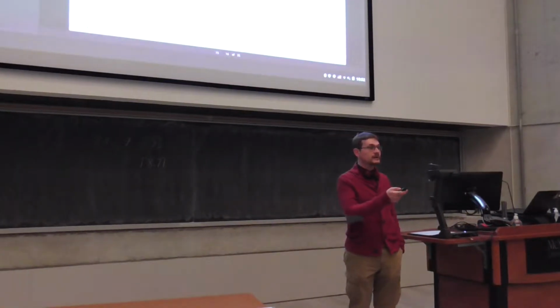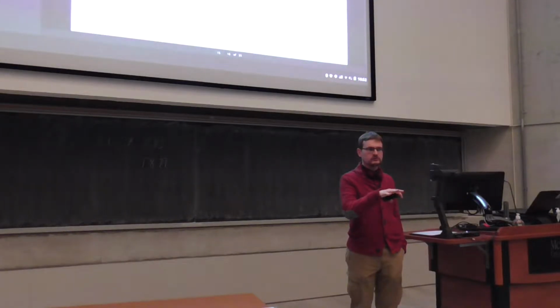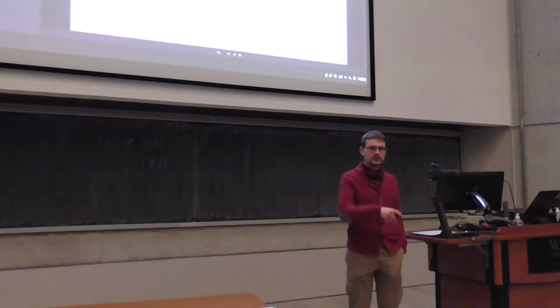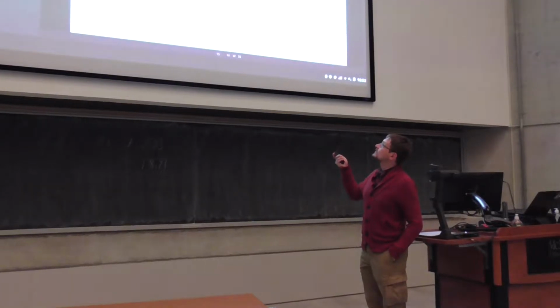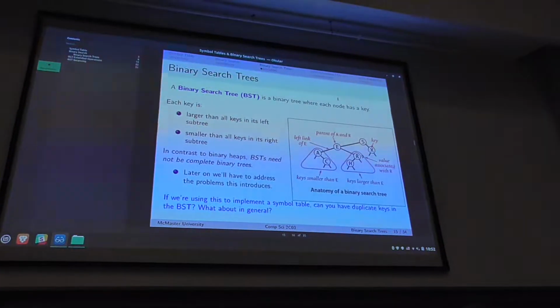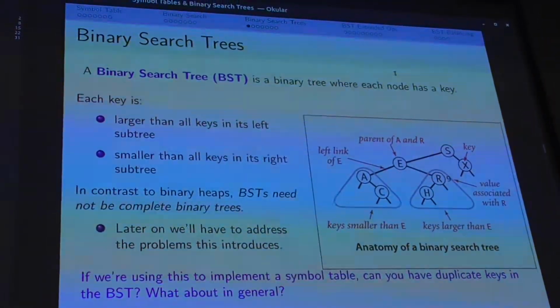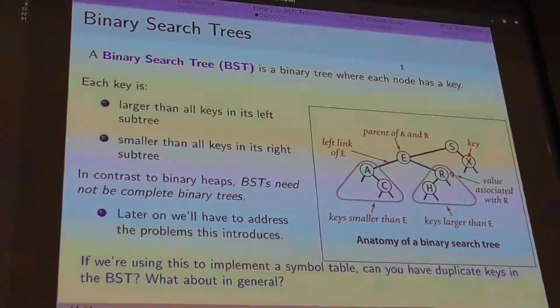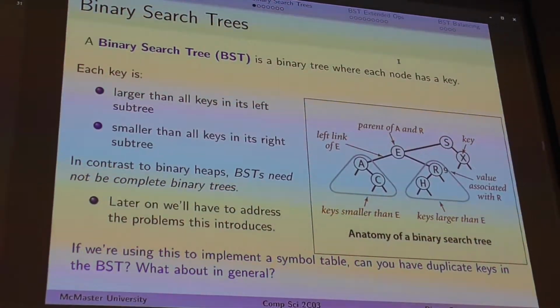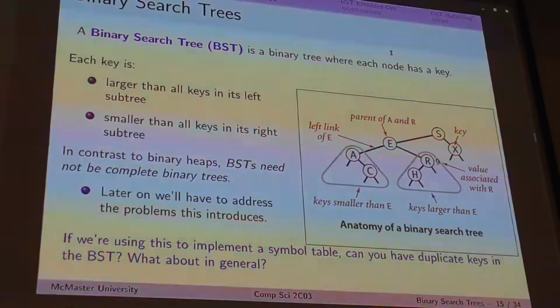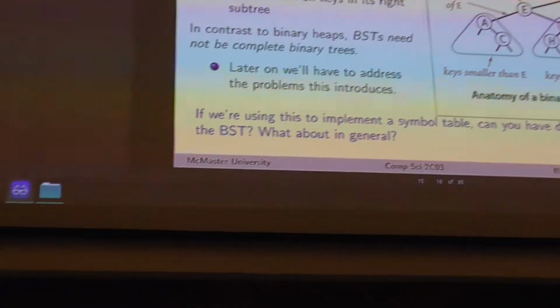So that's why clearly both of those solutions are suboptimal, right? So, let's talk about a more optimal solution, the binary search tree. Binary search trees will remind you somewhat of the binary heap.